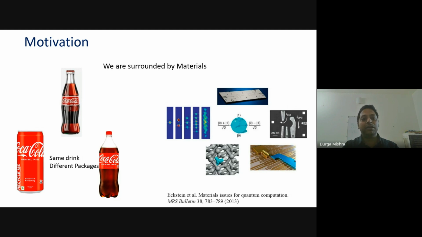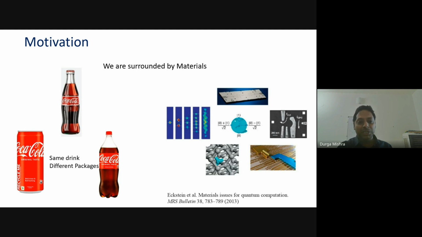You can put it in a can, or you can put it in a plastic bottle, or you can put it in a glass bottle. So the same drink can be packaged in three different materials. That is how we are really close to using many forms of materials in our daily life.